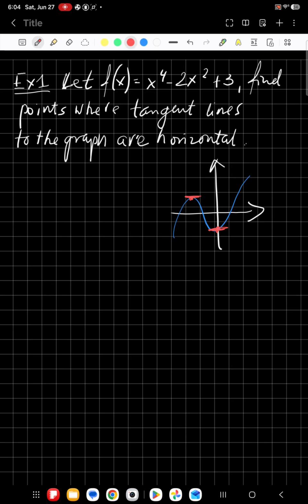And keep in mind that the slope of a tangent line to the graph at a certain point is a slope, of course.